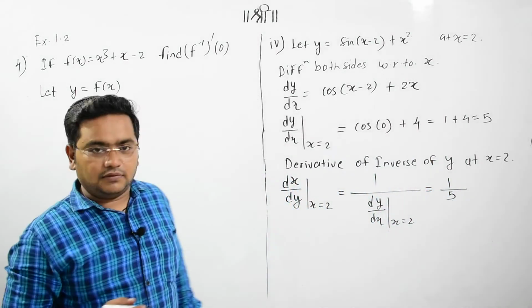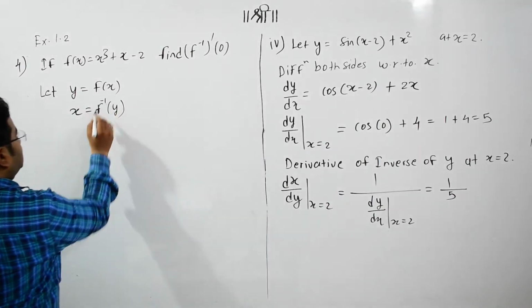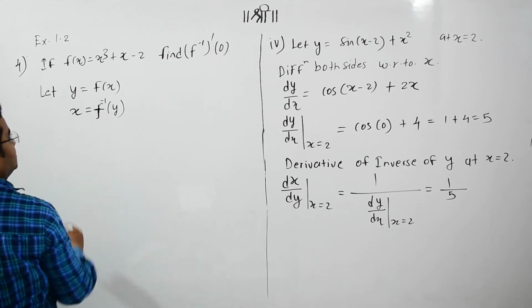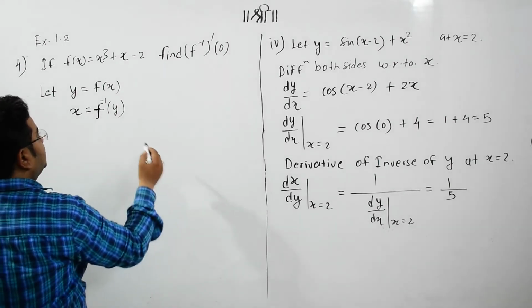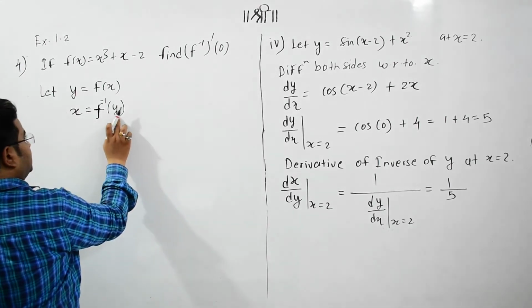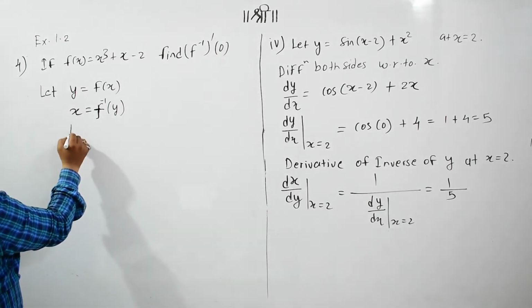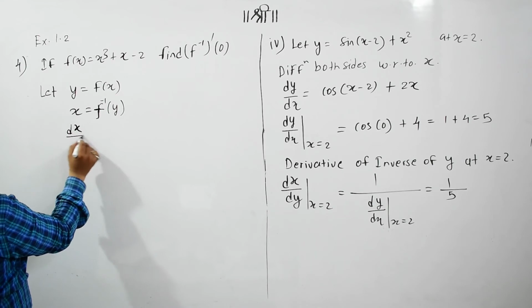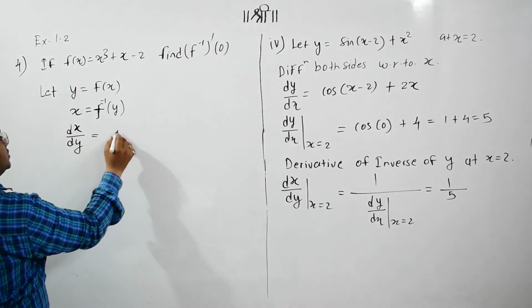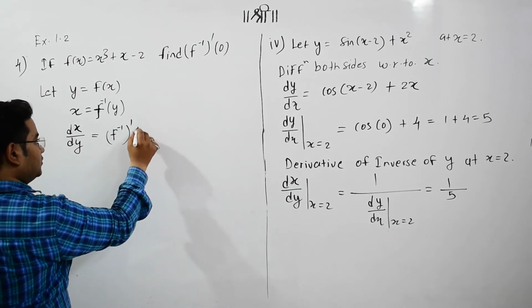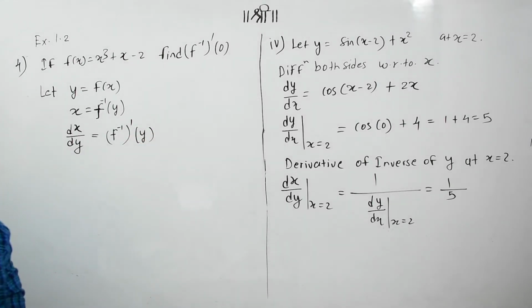What we need to find is the derivative at y is equal to 0. So if I write it like this, dx upon dy is equal to the derivative of f inverse of y.